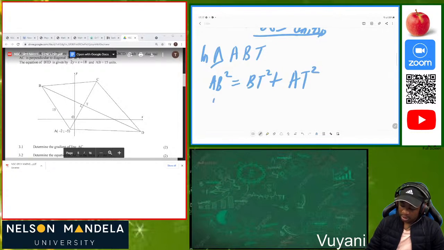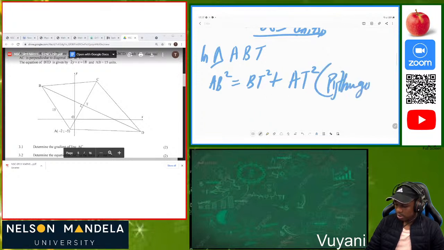This is r squared for those that are used to r squared. This is your y squared, this is your x squared, for those who are used to x squared, y squared. This is our Pythagoras theorem.